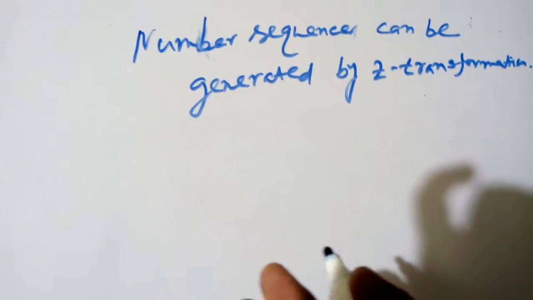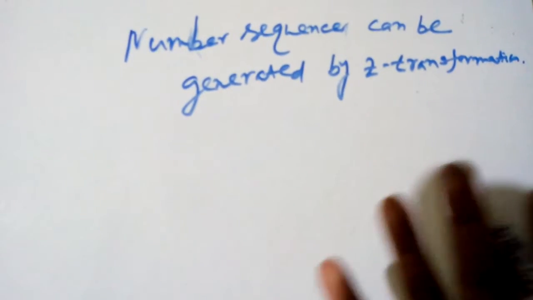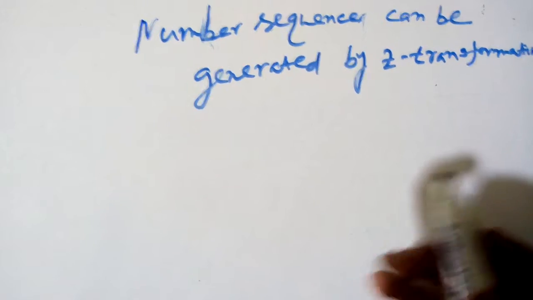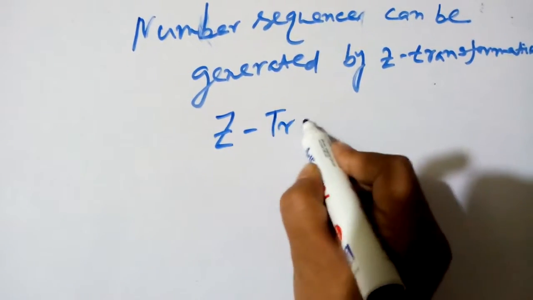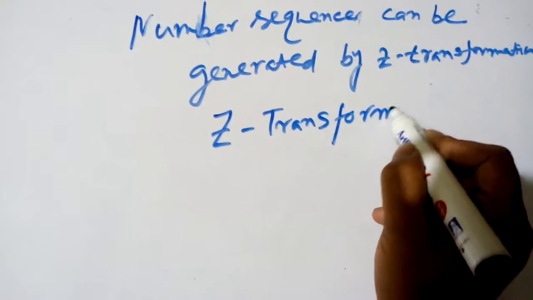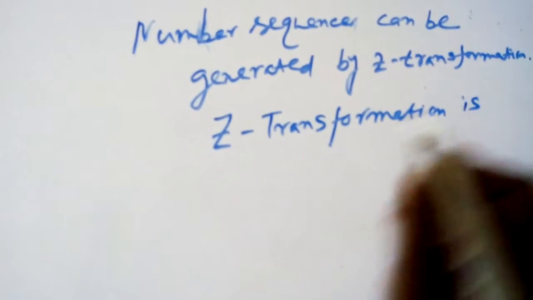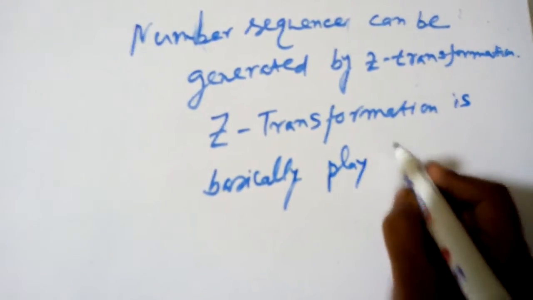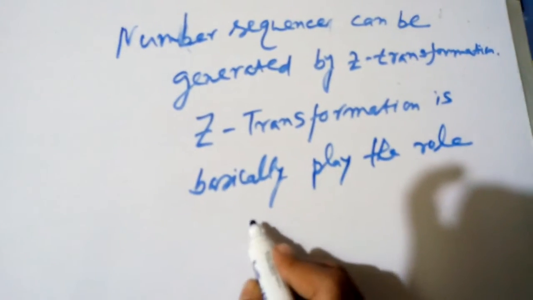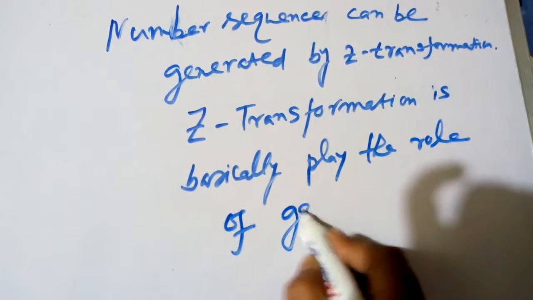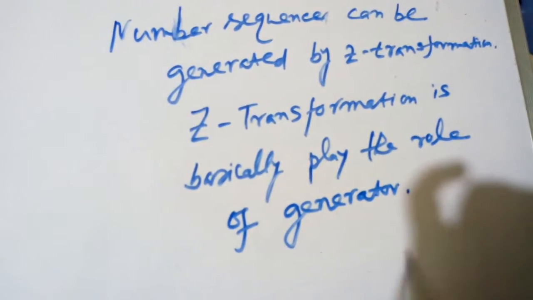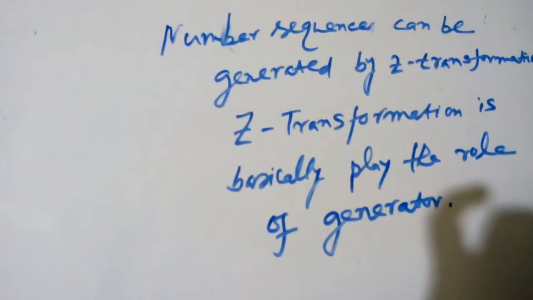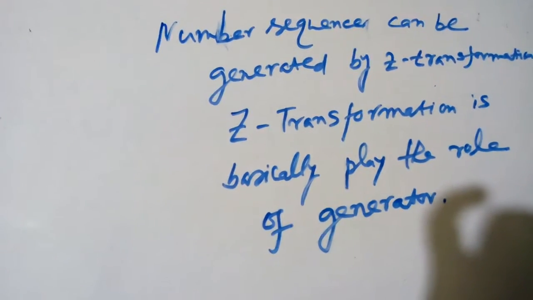There are a number of sequences and they can be generated by Z transformation mathematically. Clear? So Z transformation basically plays the role of a generator. Clear?